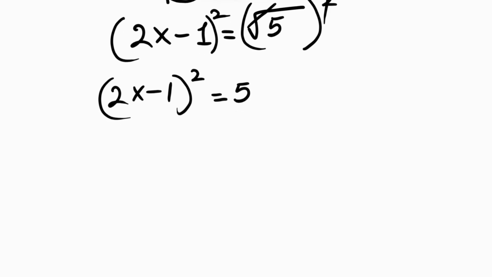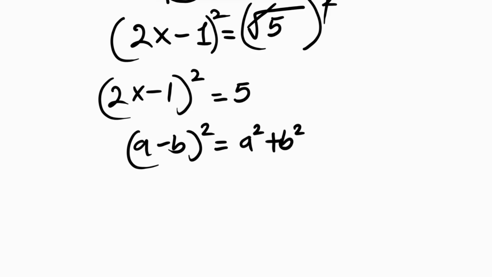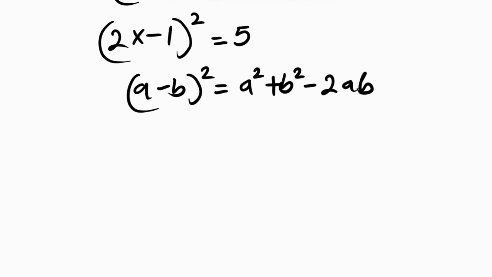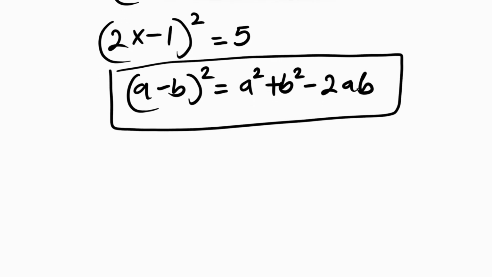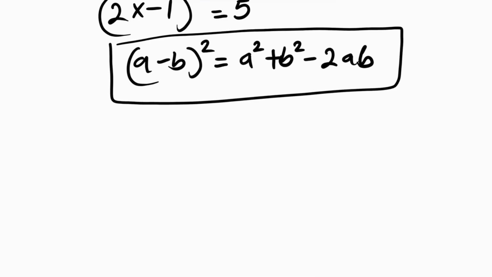We know that (a minus b) all squared is the same thing as a squared plus b squared minus 2ab. So let's apply this formula to what we have on the left hand side. The a is equal to 2x and the b is equal to 1.